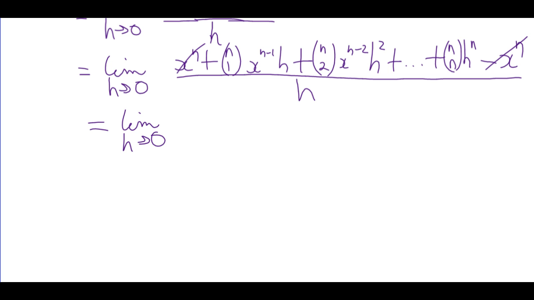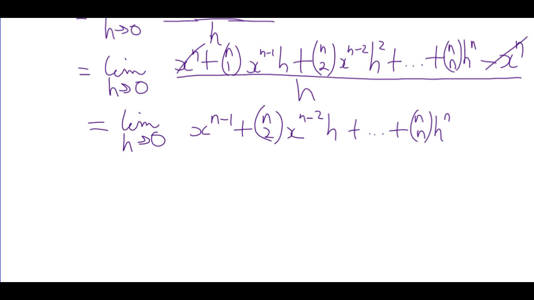Divide out the h, right? Each term now has an h in it, so you can think of it like factor out the h and then get rid of them, or just divide h into every term. So that'll be n choose 1, x to the n minus 1, that h is gone, plus n choose 2, x to the n minus 2, h, up to n choose n, h to the n minus 1.